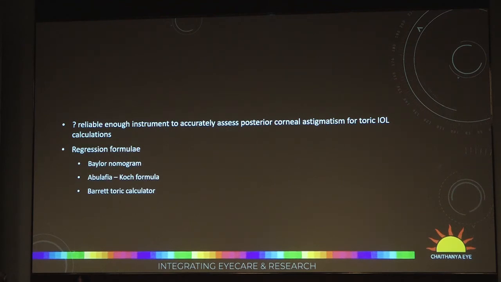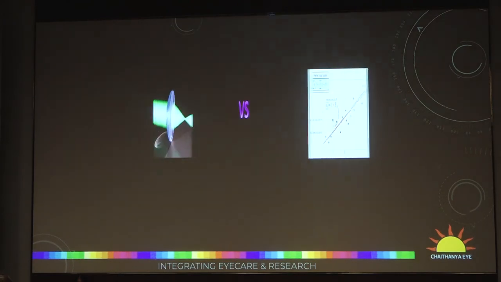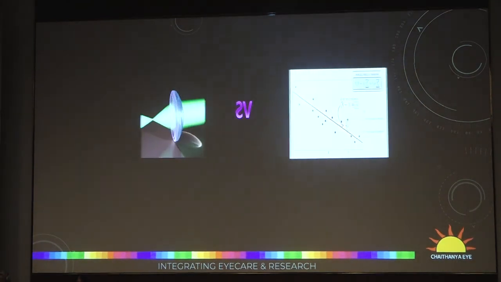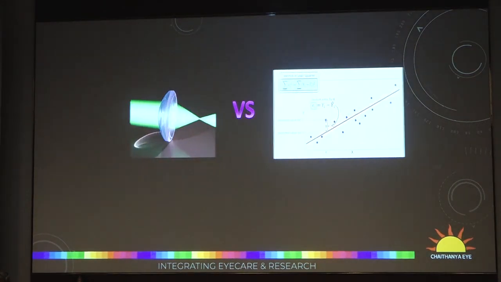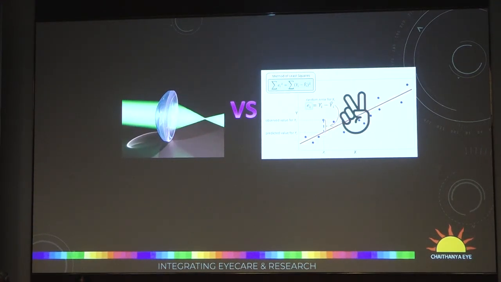However, all said and done, the regression formulae, such as the Baylor nomogram, the Abulafia-Koch formula, and the Barrett toric calculator, have consistently shown that they perform as well or even better than the instruments that measure the posterior corneal power, using nomograms that calculate the total corneal power from just the anterior keratometry. So this has been a battle between statistics and actual measurement of the corneal power. So far, statistics have been winning.